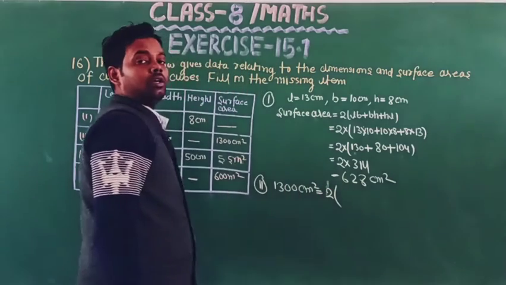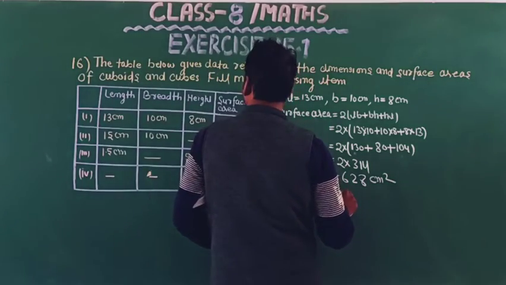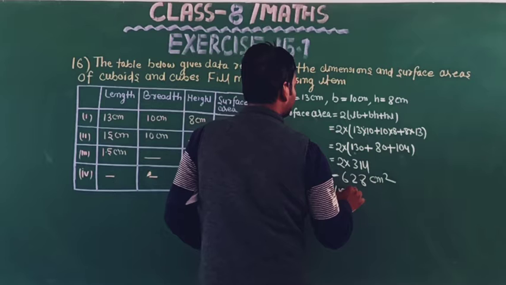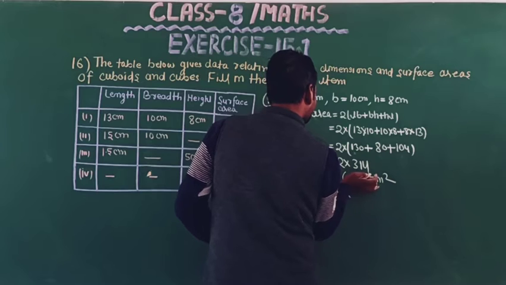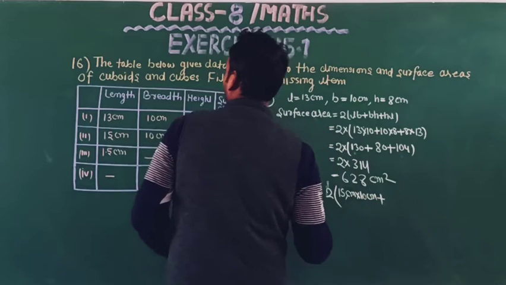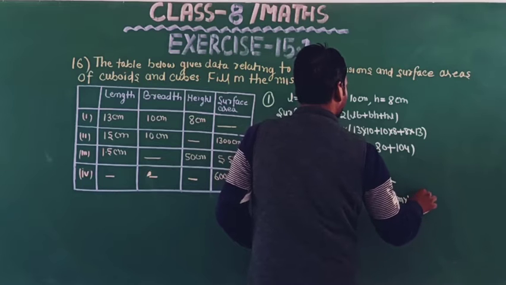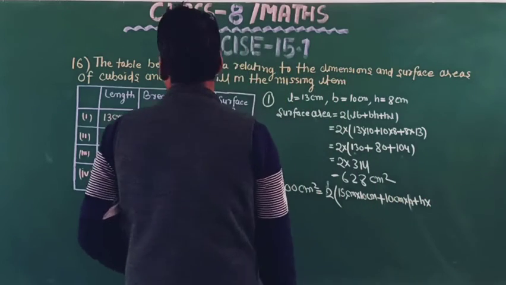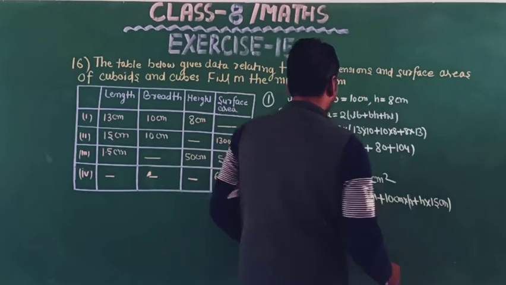We know the surface area of the cuboid is equal to 2 into (LB + BH + HL). So LB is 15 into 10 centimeter, plus 10 into H, plus H into length, that is 15 centimeter.